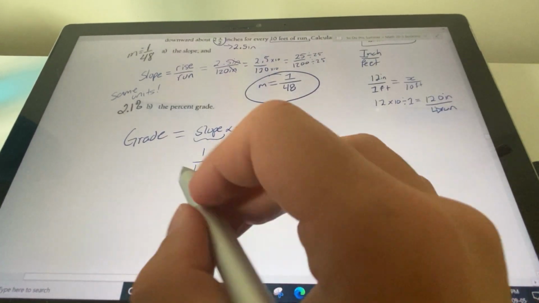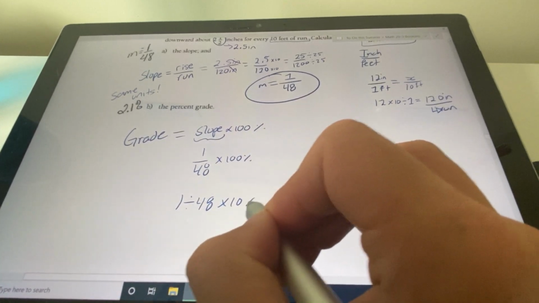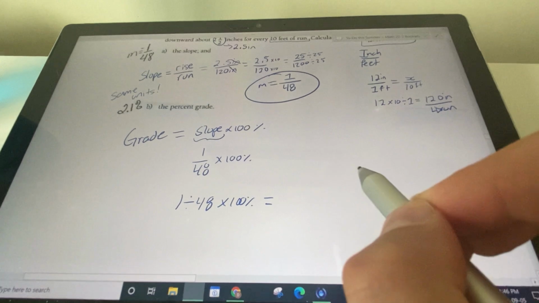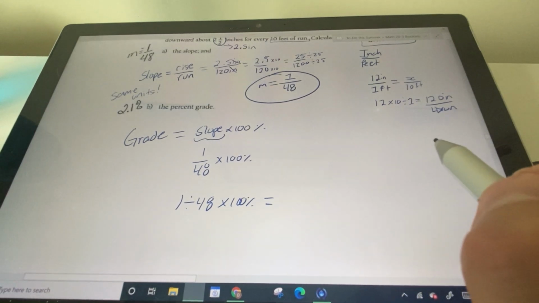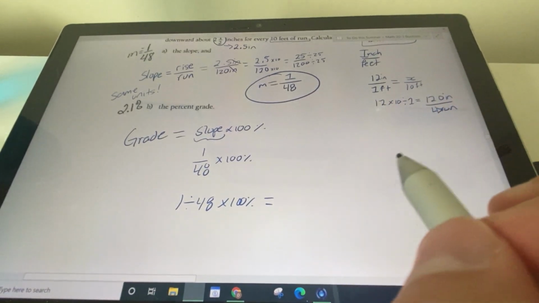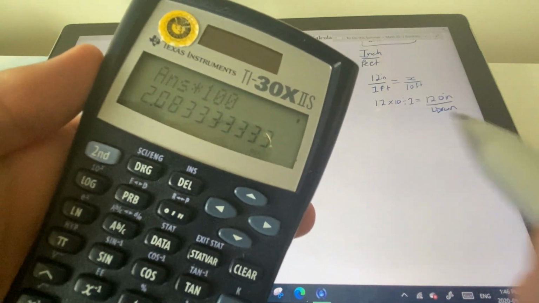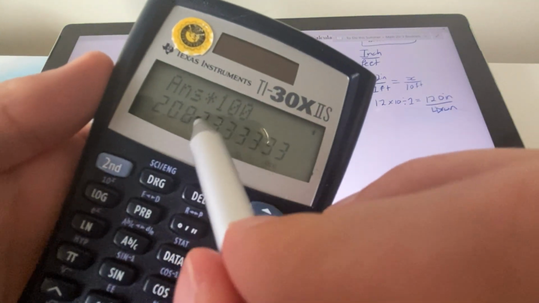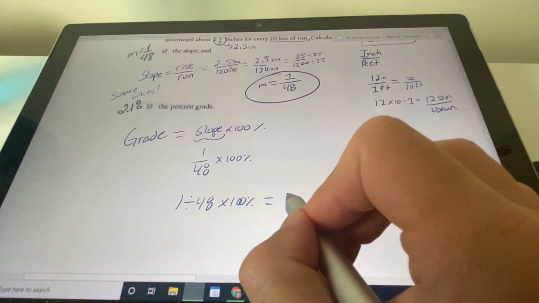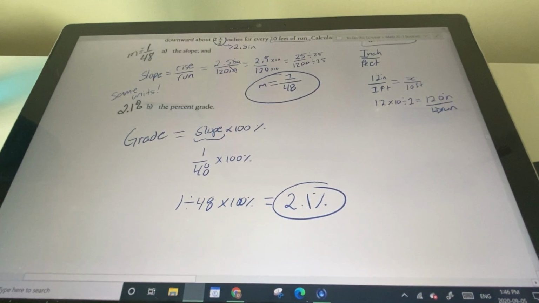Well, this is 1 divided by 48, times 100%, which gives me 2.08. I'm going to round that up to 2.1. So 2.1%, and that is our percent grade.